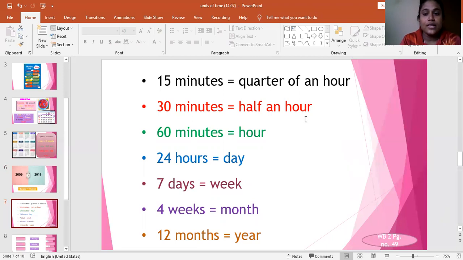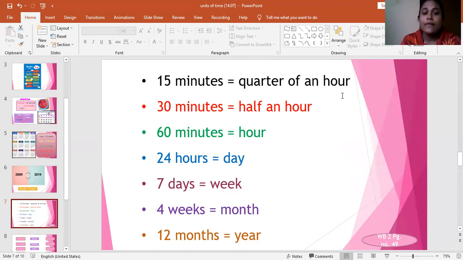When we are using a clock, we read the clock as quarter past, quarter to. So we use quarter to mention 15 minutes. When the clock reaches 15 minutes, we call that a quarter of an hour. 15 minutes equals a quarter of an hour.